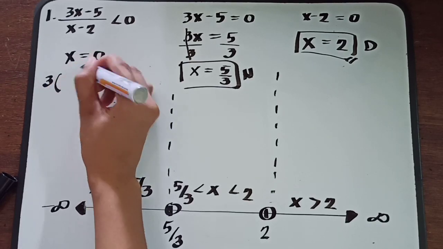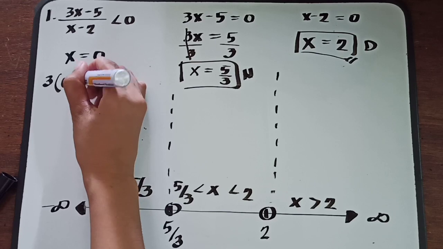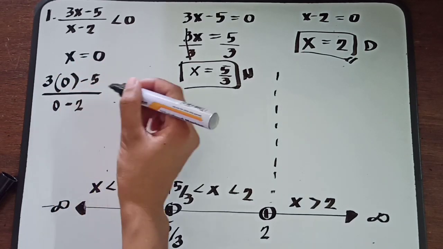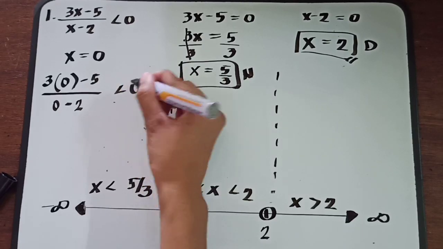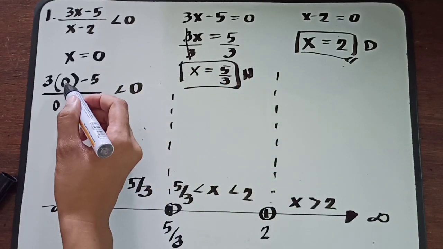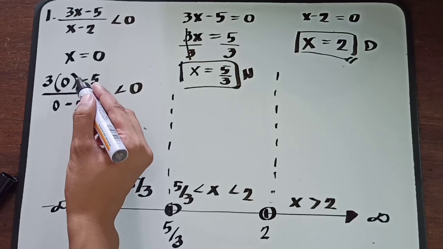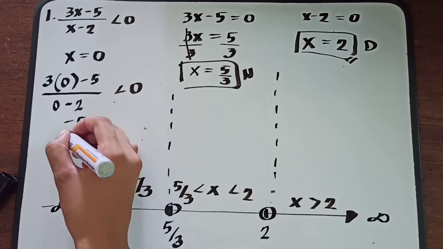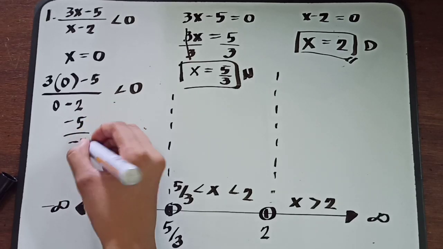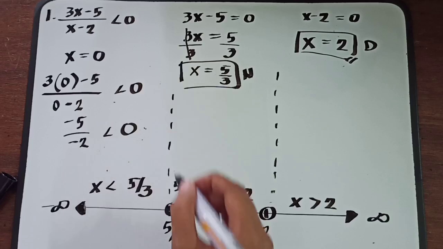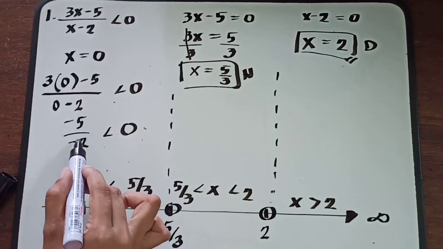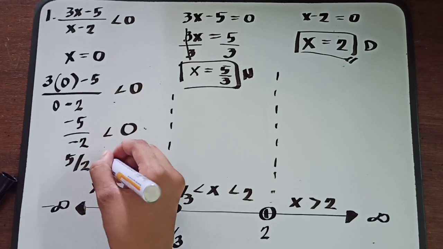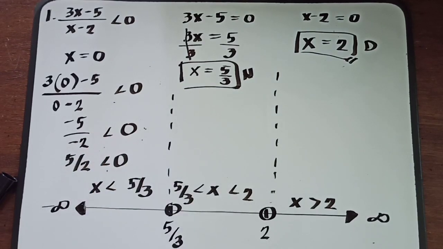So, 3 multiplied by the value of x, which is 0, minus 5 over 0 minus 2 is less than 0. 3 multiplied by 0 is 0 minus 5 is negative 5, and 0 minus 2 is negative 2, less than 0. Okay, so this negative 5 over negative 2 is positive 5/2, which is less than 0.